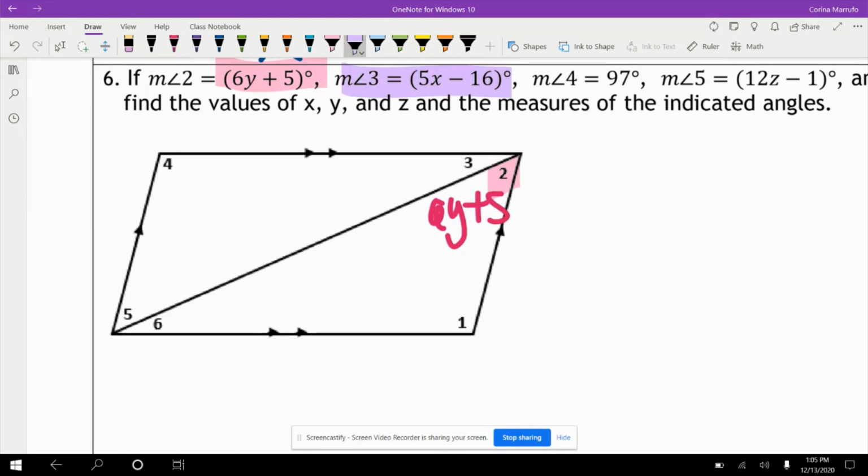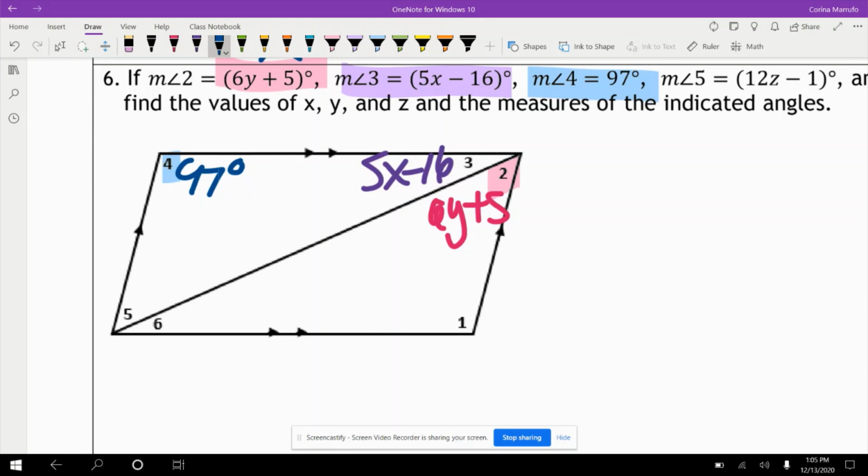The measure of angle 3 is 5x minus 16. And then they have the measure of angle 4 first is 97.